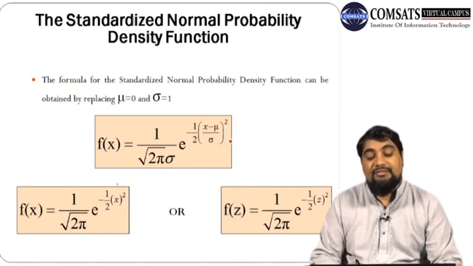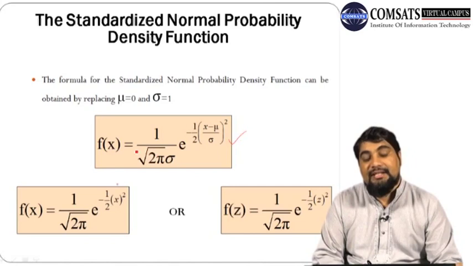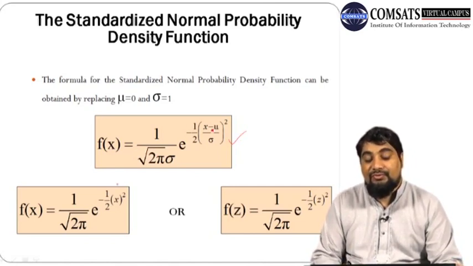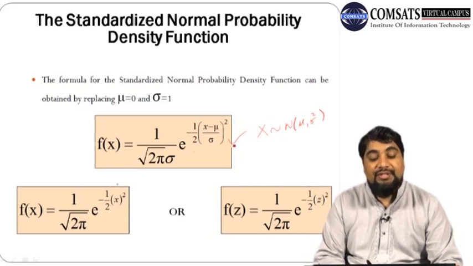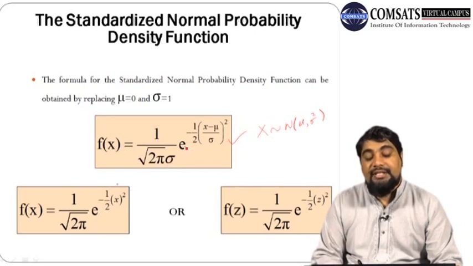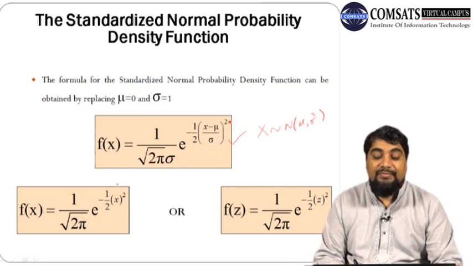Here is the formula which gives us the density function of a random variable x, which follows a normal distribution with mean mu and variance sigma square. So its density function is f of x equals 1 over square root of 2 pi times sigma, times e raised to power minus 1 by 2 times (x minus mu over sigma) whole square.